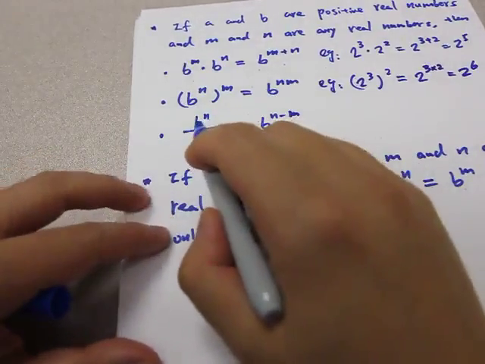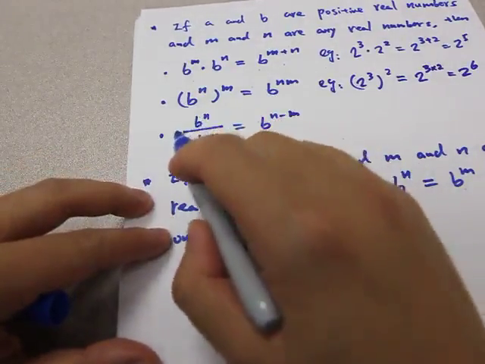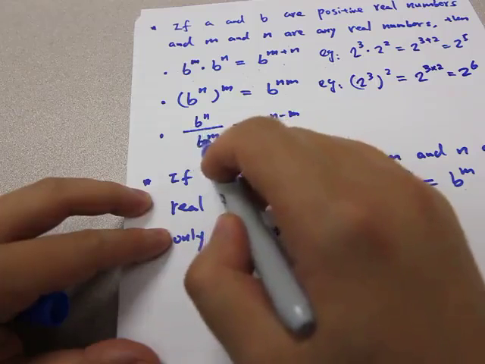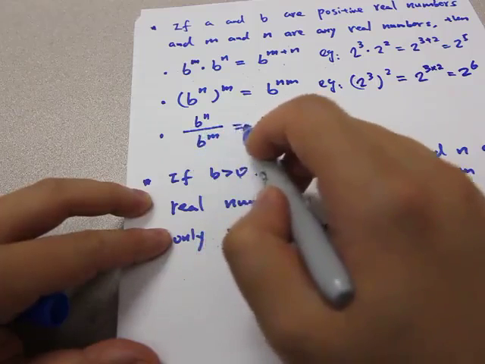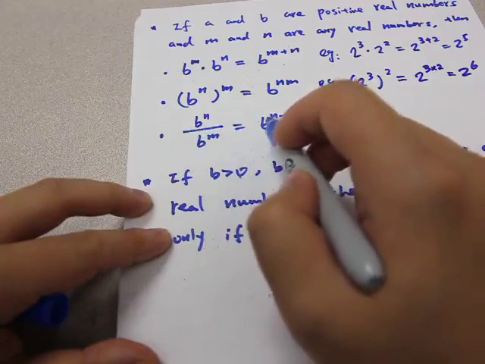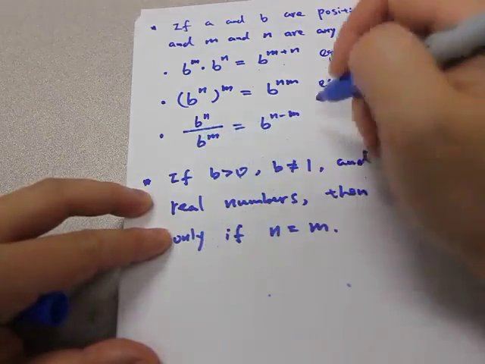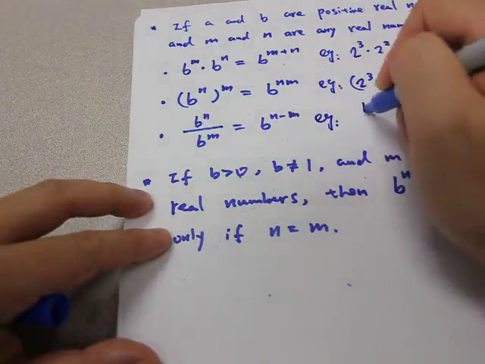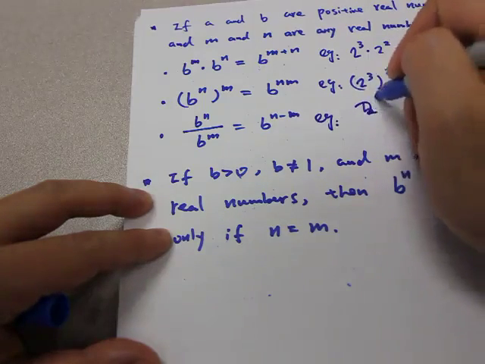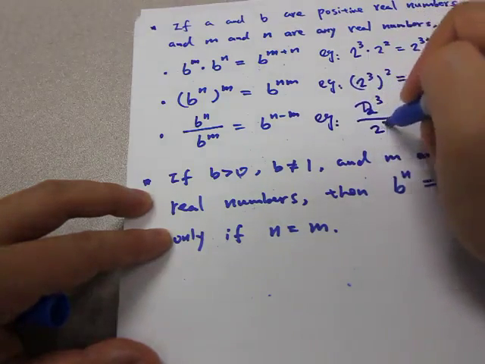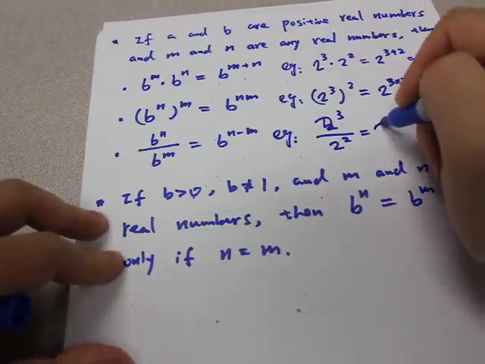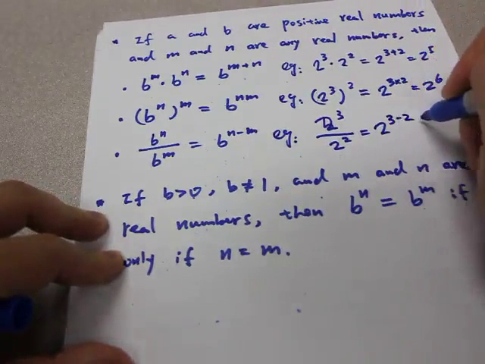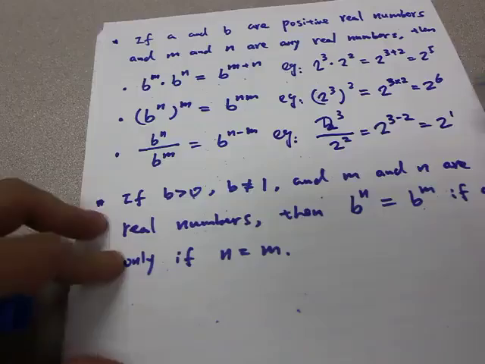The third one says b to the power of n divided by b to the power of m is equal to b to the power of n minus m. So if we have 2 to the power of 3 divided by 2 to the power of 2, this is equal to 2 to the power of 3 minus 2, which is 2 to the power of 1.